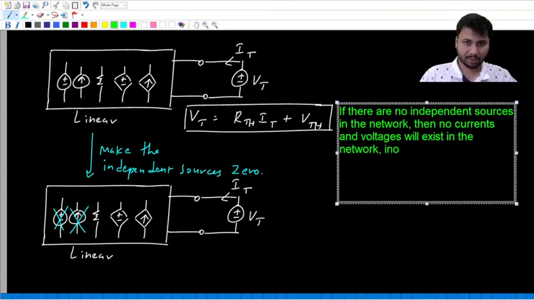In other words, every voltage and every current will be 0.